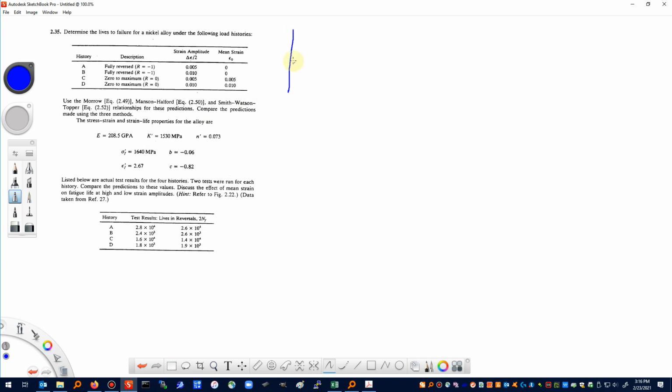So we have 2 types of strain histories. One strain history is strain controlled, R equal to -1, with an amplitude of 0.005. So what that means is this distance, which is the range over 2, is 0.005, and it goes to plus 0.005 strain down to minus 0.005 strain, and it continues on.